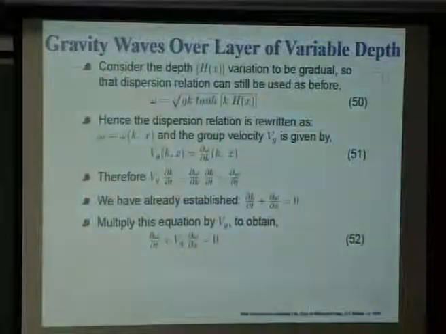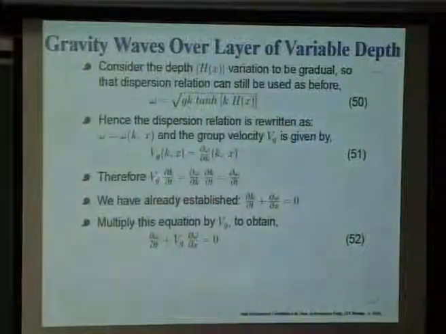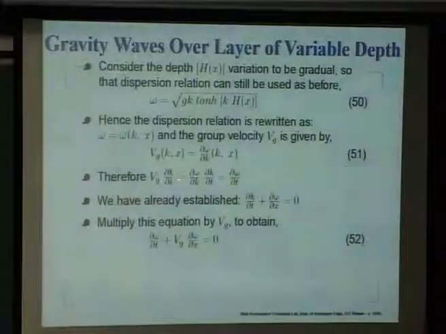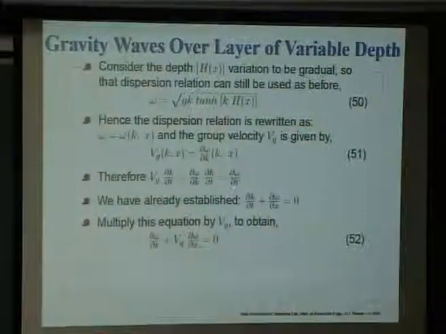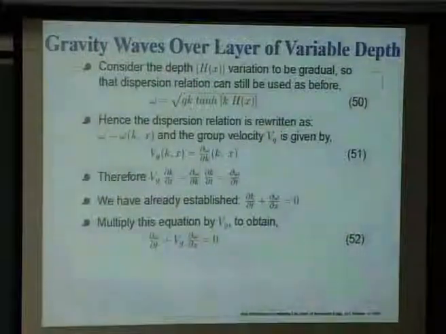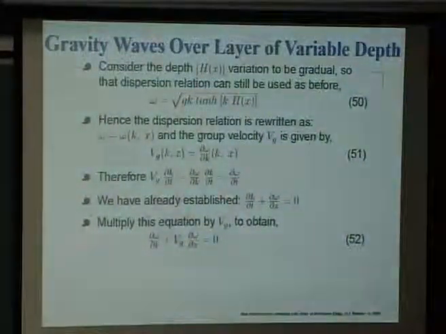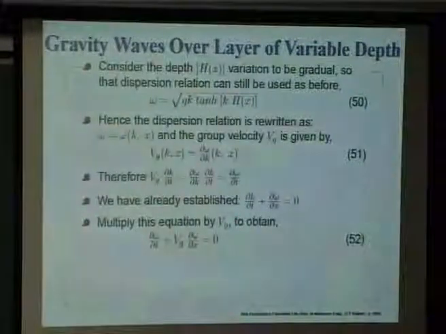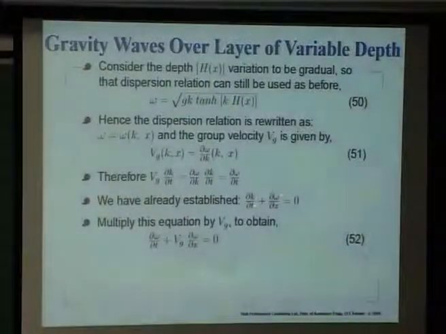Now, if I look at this product V g times del k del t, by the chain rule we can see this works out to del omega del t. We have already established this continuity relation between k and omega.